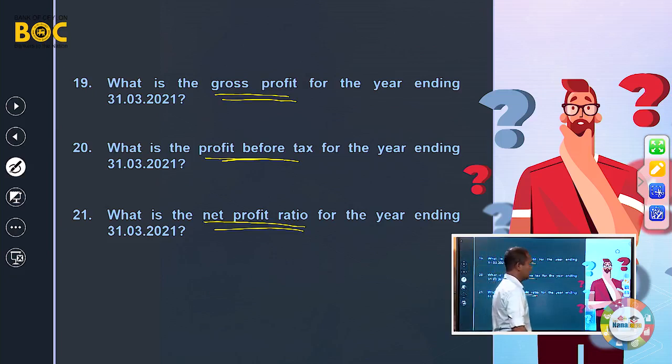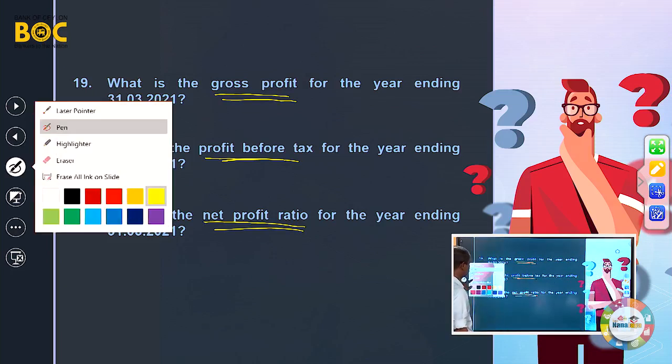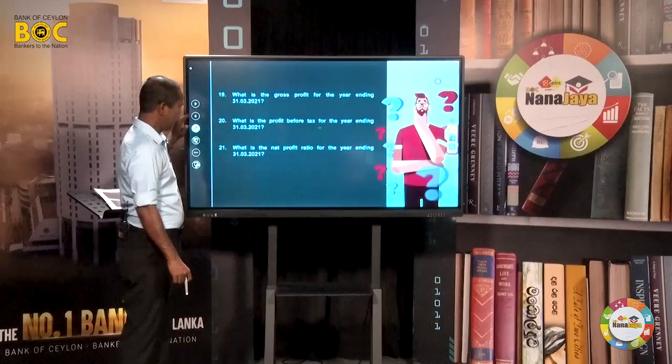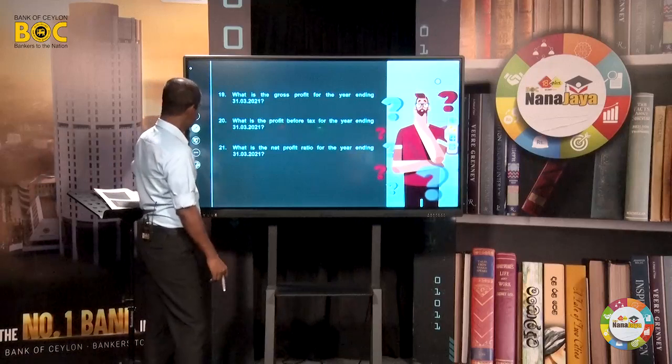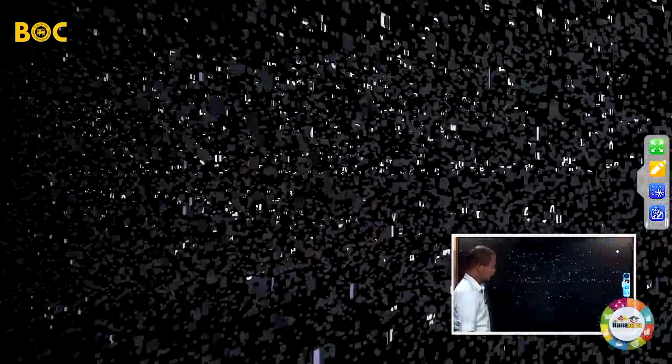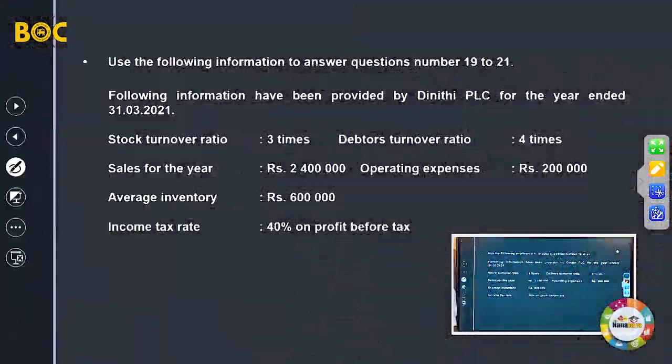We'll calculate them. They have to calculate gross profit, profit before tax, and net profit ratio.